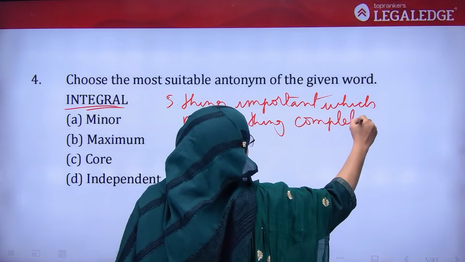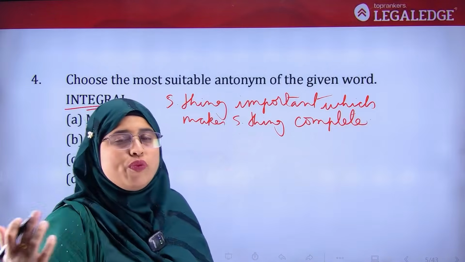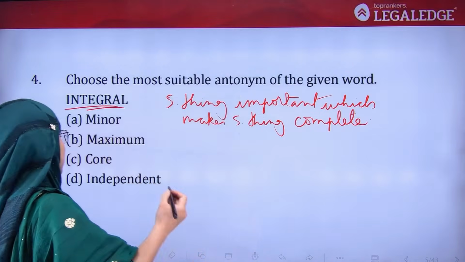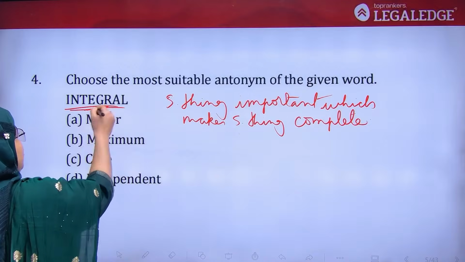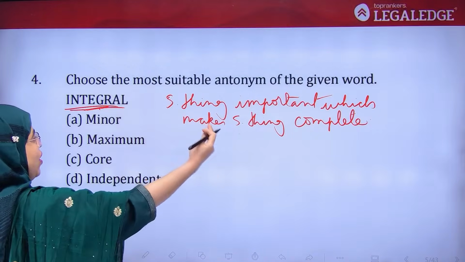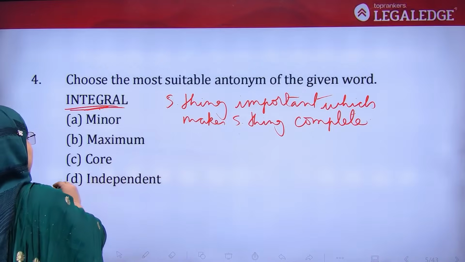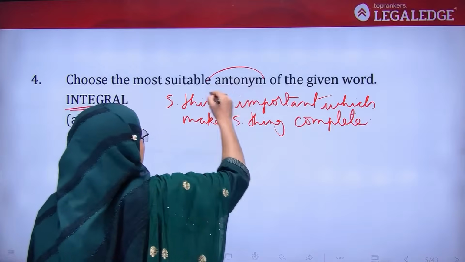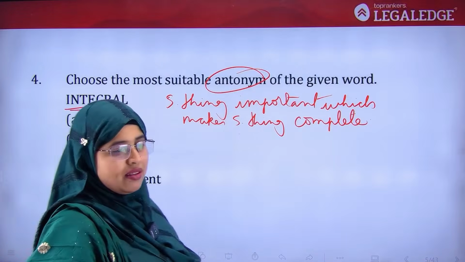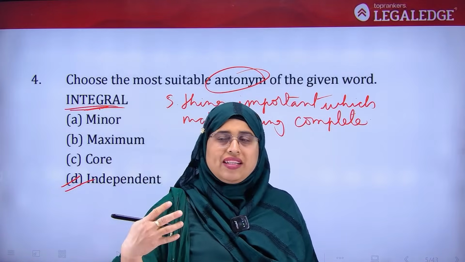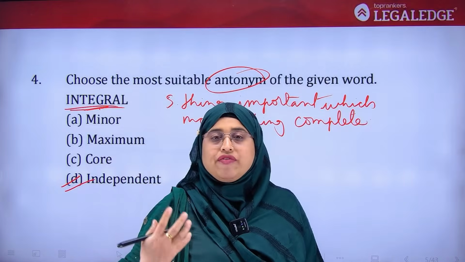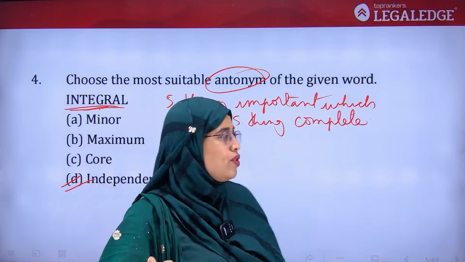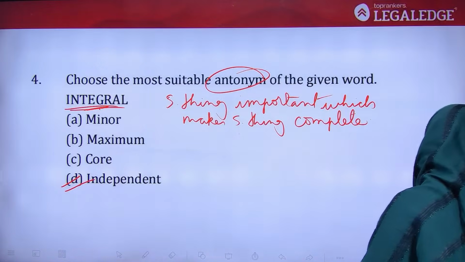That means something which is quite important, without which the other thing can be considered as incomplete. Integral part. This is going to be an important part of something to make it complete. Independent should definitely be the correct antonym. Antonym is opposite word. Independent, that means its importance is not going to be that influencing. But if something is integral, its influence is there on the other thing. Got it, students? So obviously, D is the correct answer choice.